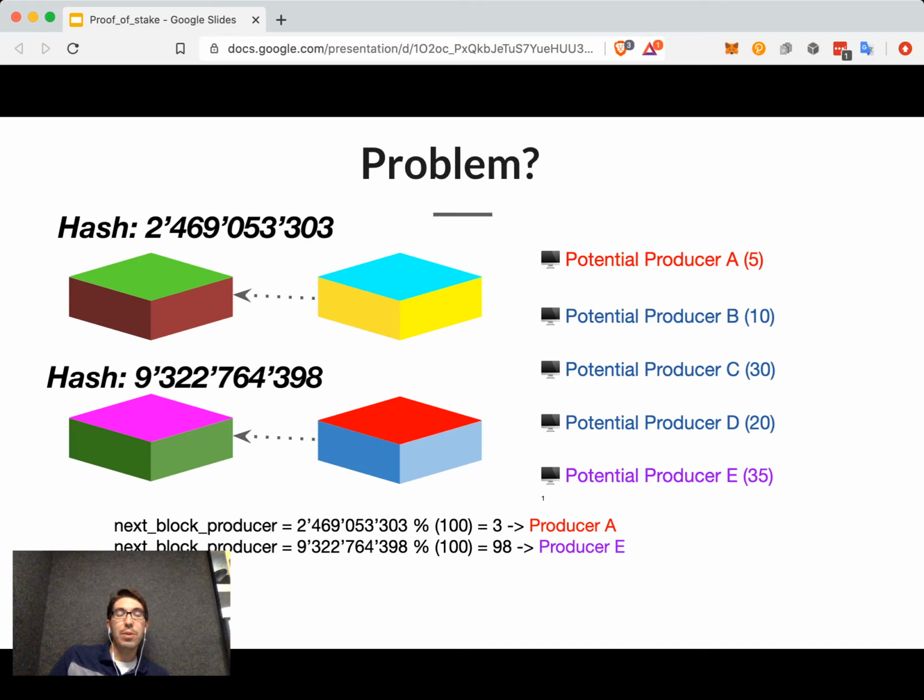Or if a particular producer isn't online at some point, they go offline, how do you select the next producer? If producer A wasn't online, or was online but couldn't send out a message with the block to all of the other nodes on the system, then we need to pick up a backup.